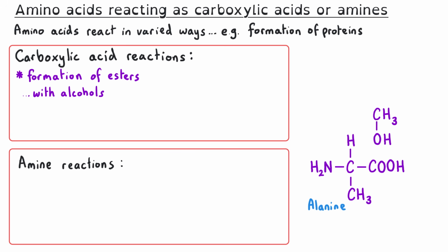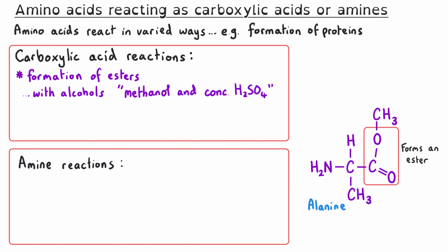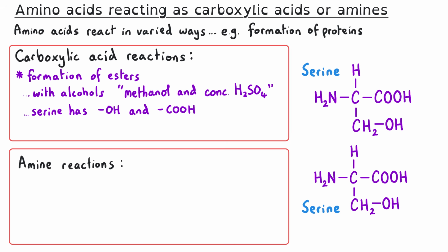They will say something like, draw the product formed when a named amino acid reacts with methanol and concentrated sulfuric acid. It's also worth noting that serine has both an alcohol group and a carboxylic acid group, and so technically serine could even form an ester with itself.